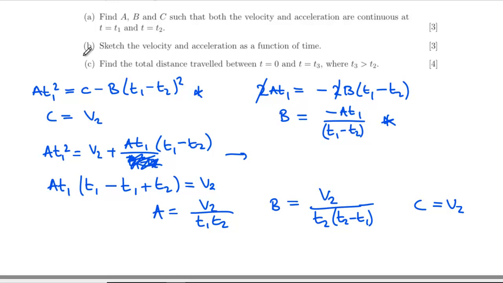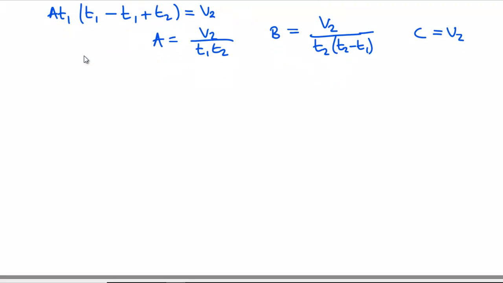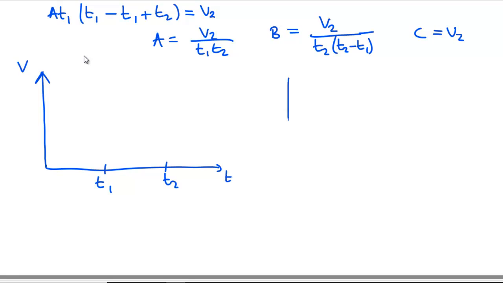Now, sketch the velocity and acceleration as a function of time. So we've got to sketch these in these different domains. Velocity is only going to be positive, so we don't have to worry about that too much. So we've got t1, t2, and then we've got the acceleration.